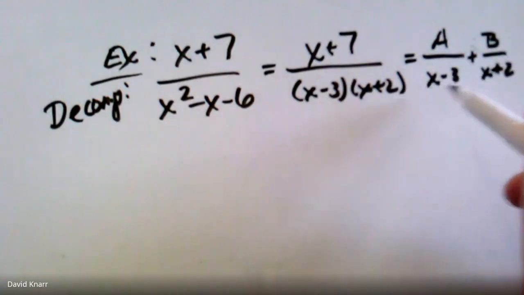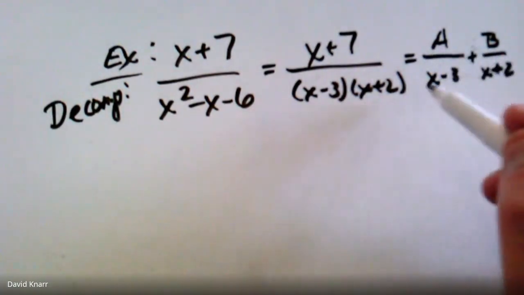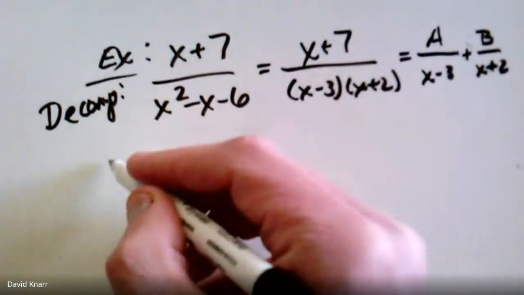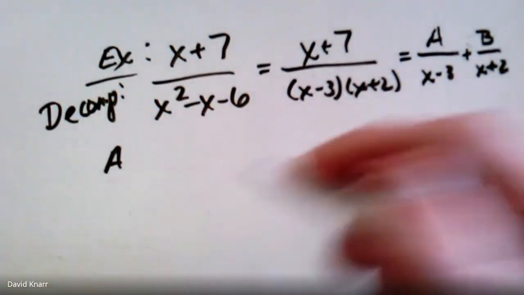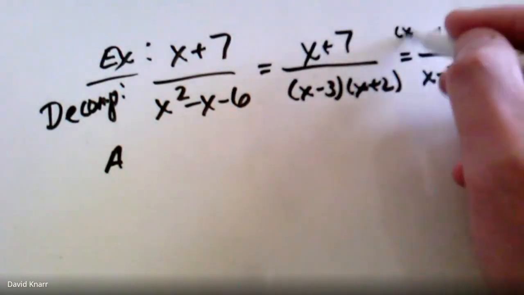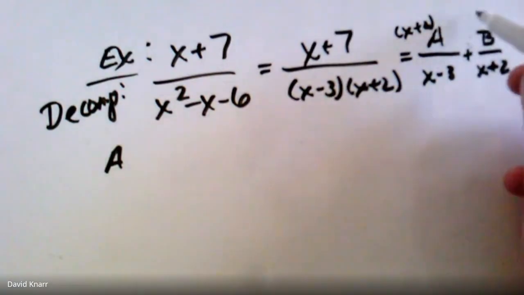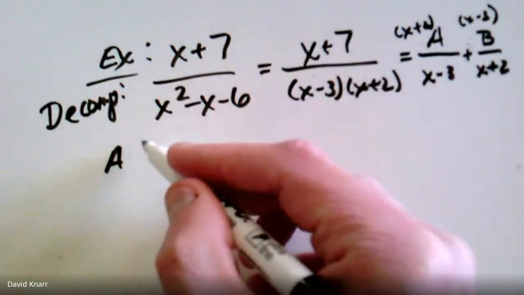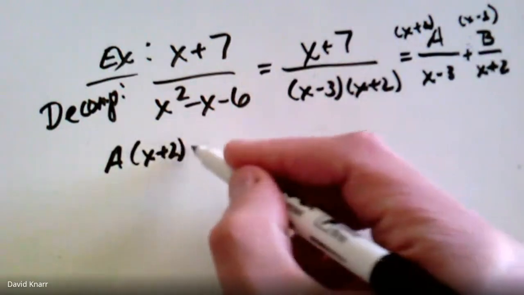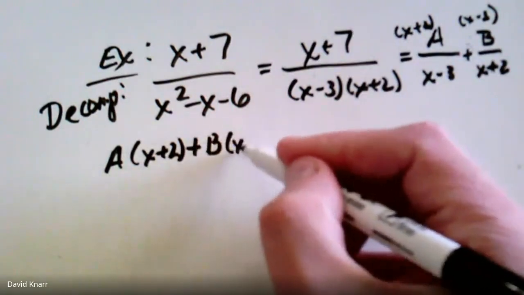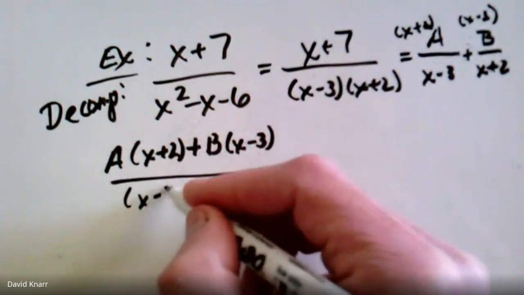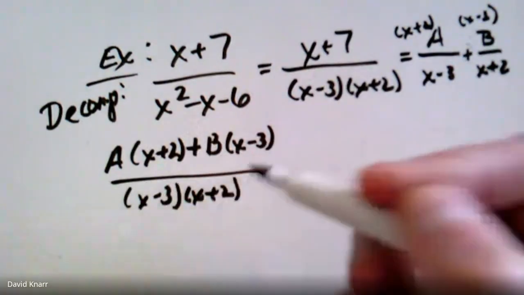Now, you're going to find a common denominator. So let's find the common denominator for this with A and B. We'd need an x plus 2 for this one and an x minus 3 for that one. So we'd have A(x plus 2) plus B(x minus 3) all over (x minus 3)(x plus 2).